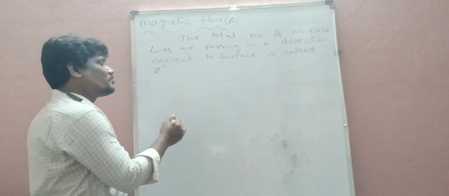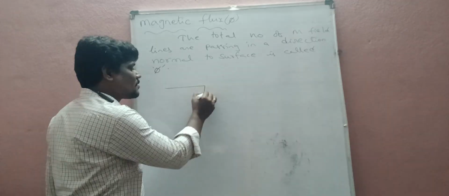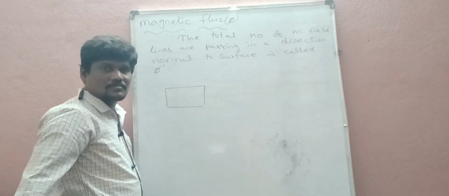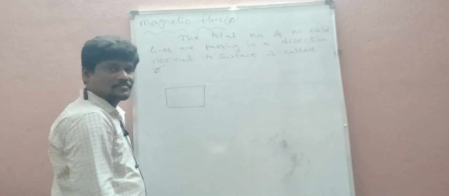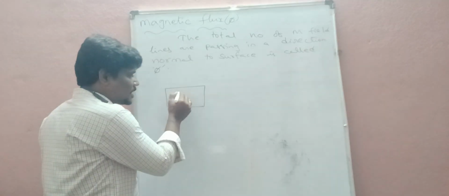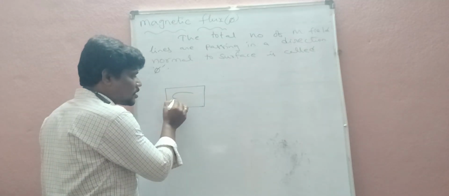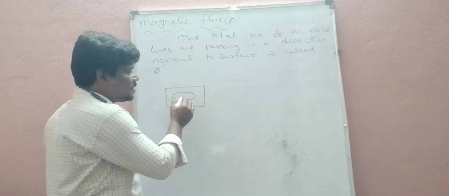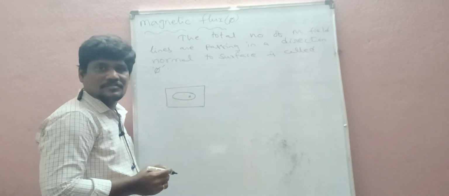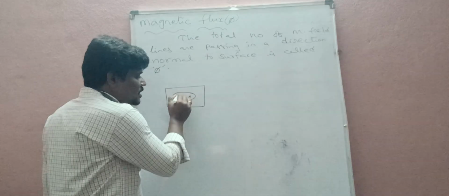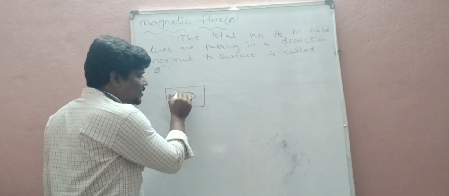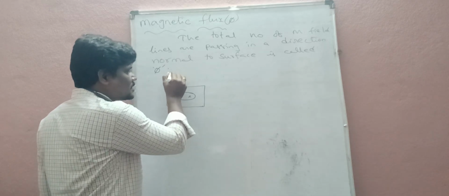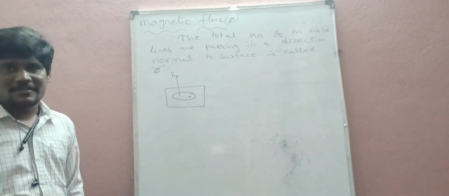For example, I can take one small imaginary surface. In that surface, consider one small area, that is A. Now, what is the area vector or normal vector or unit vector? It is always perpendicular to the surface area.